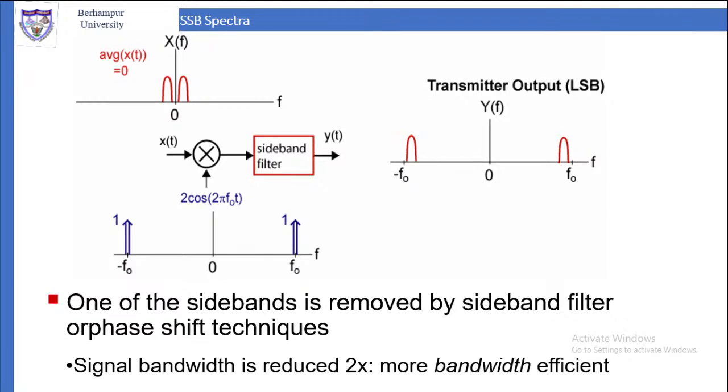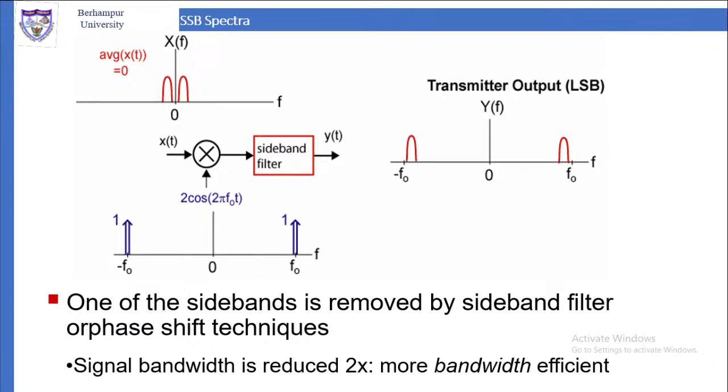Here we have filtered out the upper sideband, so we have the lower sideband. So the transmitter output is only the lower sideband, and the lower sideband is translated towards the origin, both at f0 and at minus f0.